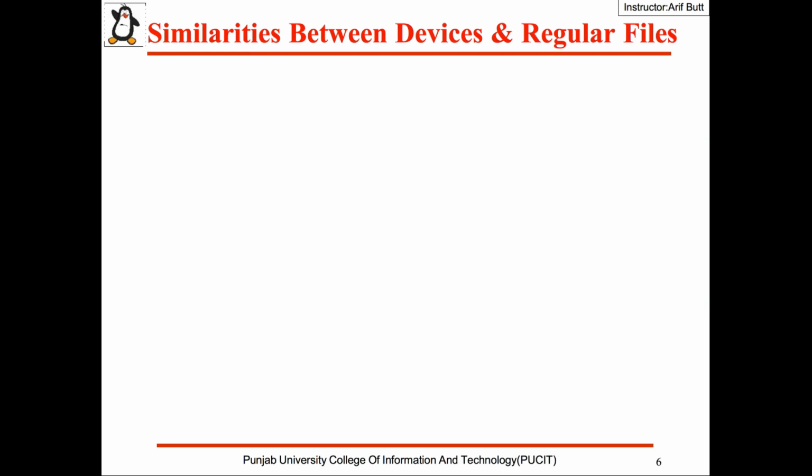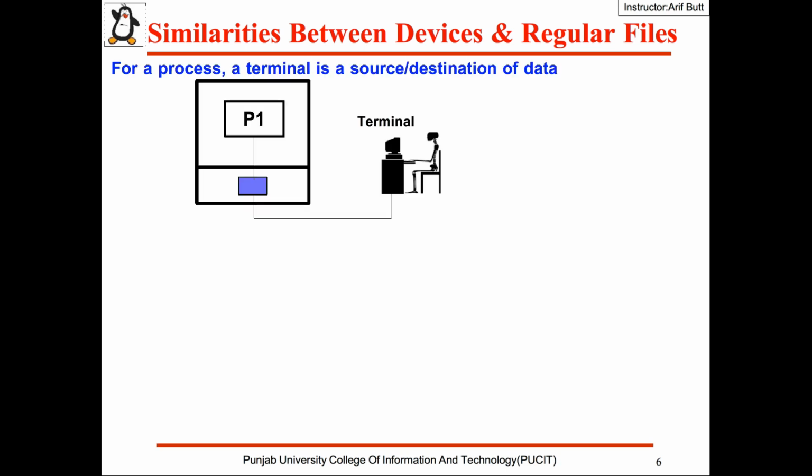Let me first tell you that devices are like files. The way we can read and write regular files, in a similar fashion we can read and write device files as well. Let me first prove that from a process point of view, a terminal is a device file. A process can read from the terminal device, that is the keyboard, using the read system call or the getchar or scanf library calls.